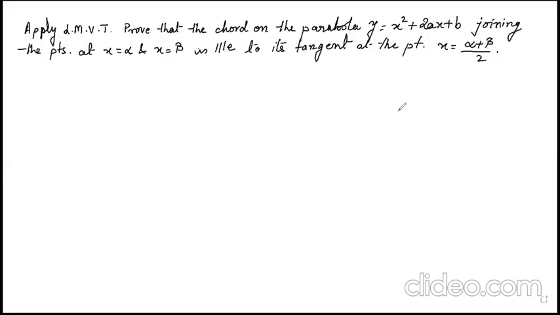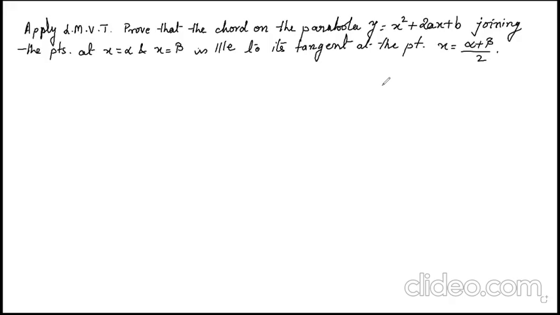So next, let us move on with this particular problem: prove that the chord on the parabola joining the points x equals alpha and beta is parallel to the tangent at the point x equals alpha plus beta by 2. As we can see, we are going to utilize the geometrical significance of LMVT to solve this problem.